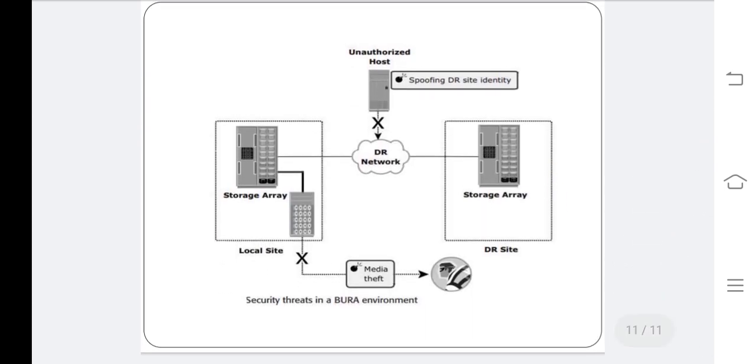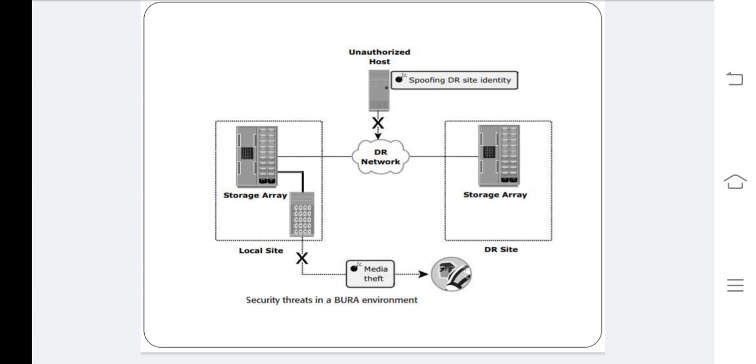In this diagram, it shows a generic remote backup design whereby data on a storage array is replicated over a DR network to a secondary storage at the DR site. In a remote backup solution where the storage components are separated by a network, the threats at the transmission layer need to be countered.